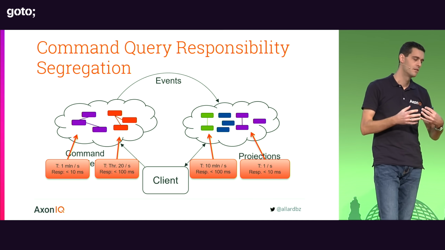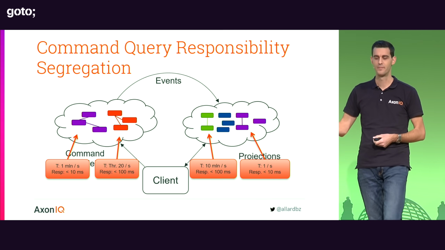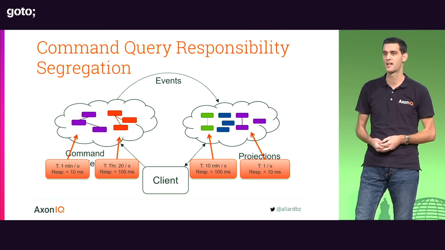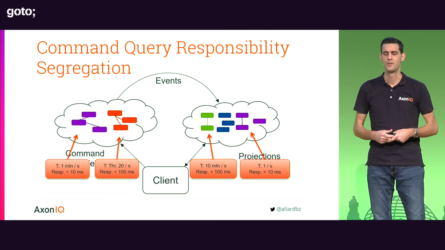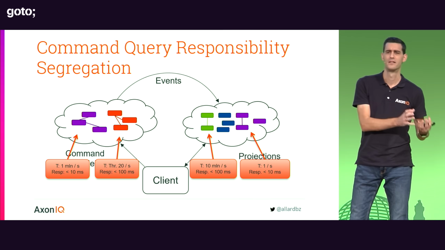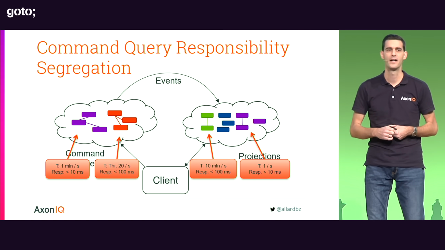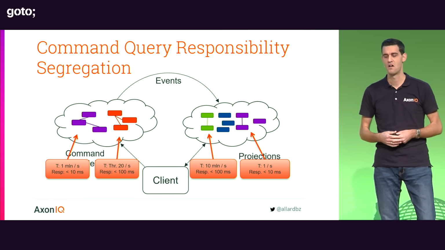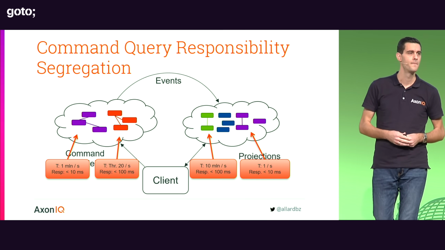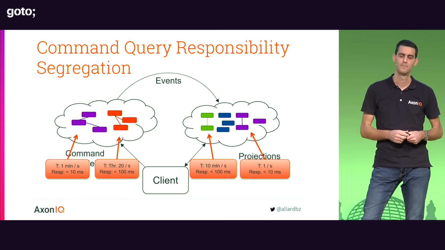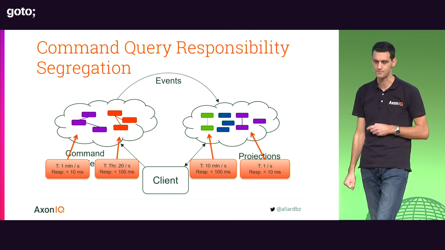And if a part of our command model has specific requirements, for example, being able to handle 1 million transactions per second with a latency less than 10 milliseconds, you will treat that model differently than a model that handles 20 commands per second and is allowed a latency of about 100 milliseconds. You want to focus the efforts on the parts that are harder, if you will.